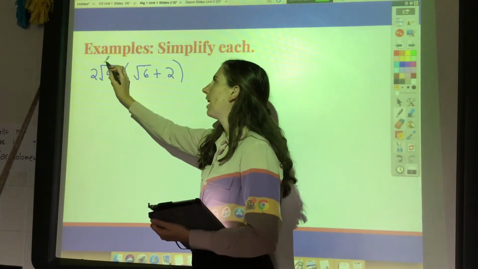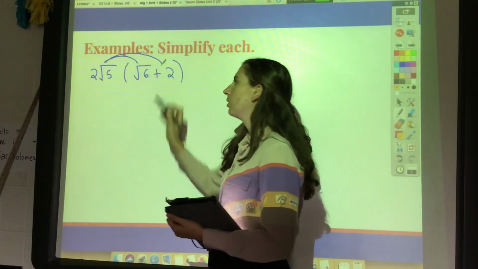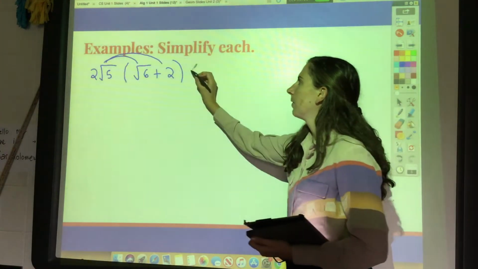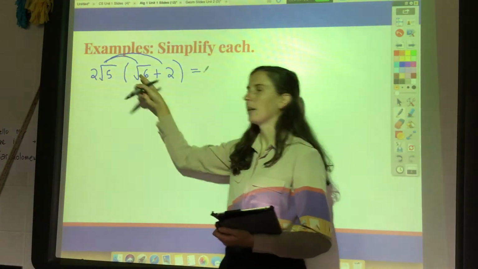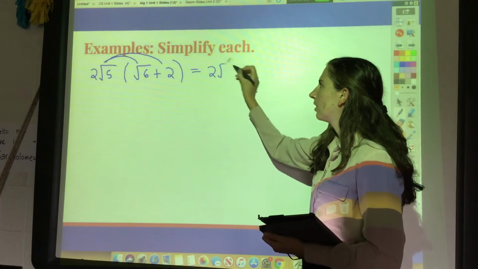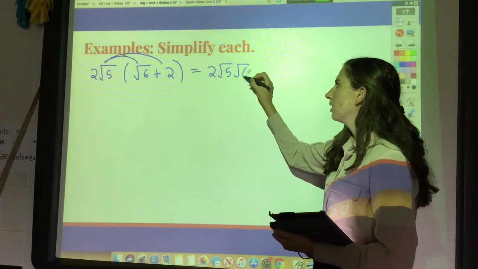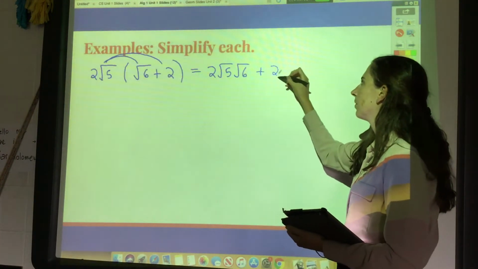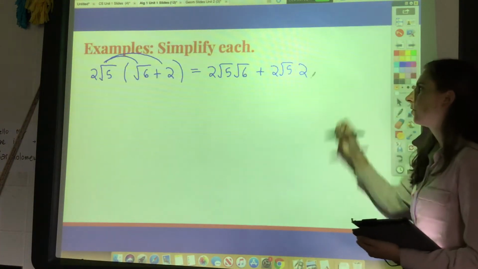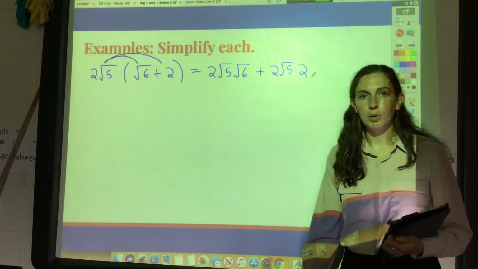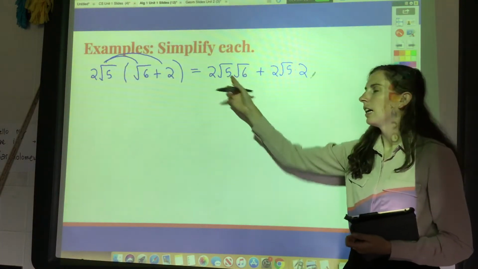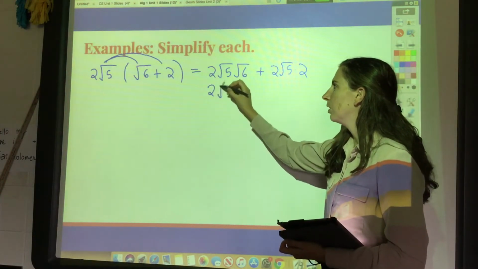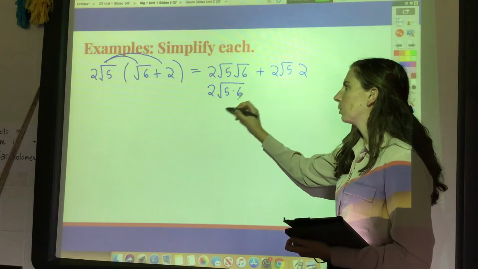So 2 root of 5 needs multiplied by both of those terms. So what is 2 root of 5 times the square root of 6? Let's write that out: 2 root of 5 times the square root of 6 and 2 root of 5 times 2. Remember, the product rule says if I'm multiplying radicals, I can just multiply them all together. This is basically 2 root of 5 times 6, which is 30.